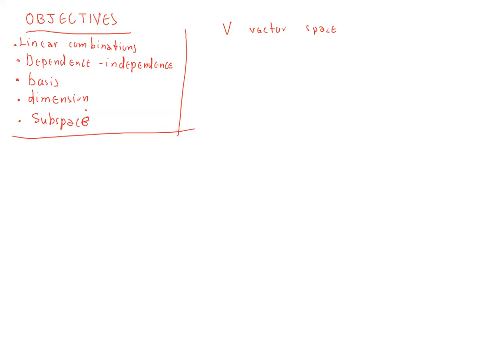But for the moment, and for the majority of the things that we're going to do in this course, we're going to work with real vector spaces, which means that if you give me two vectors, I can assign to them their sum. If you give me a real number and a vector, I can scale the vector by the real number. These are the two things that we can do.